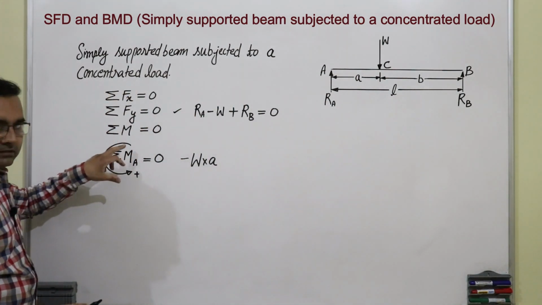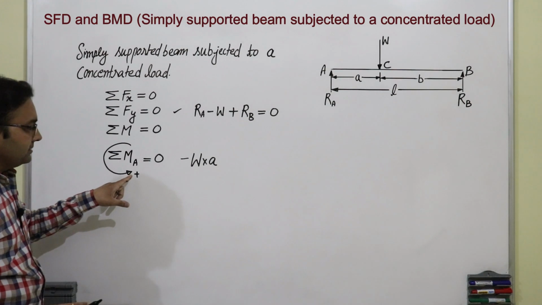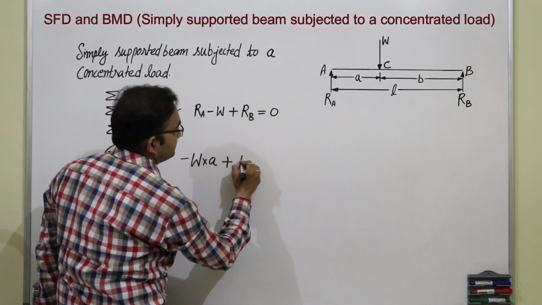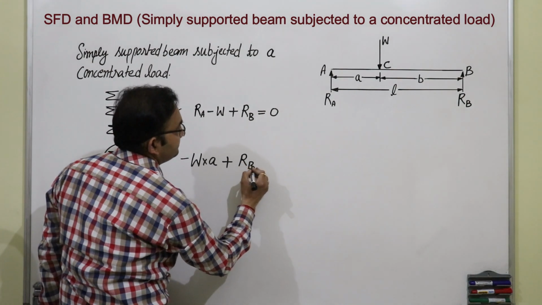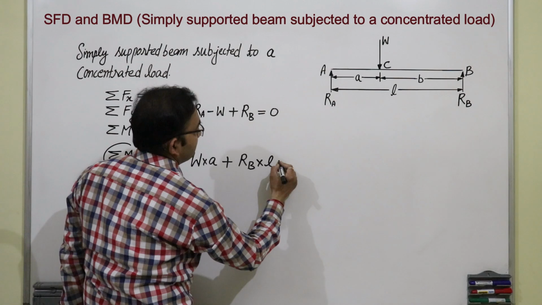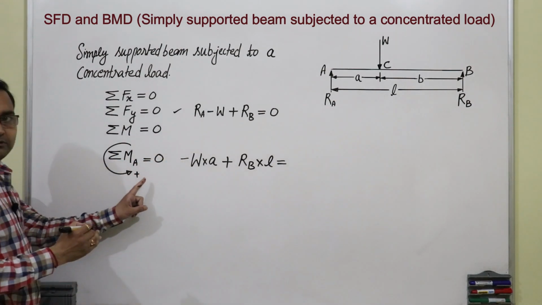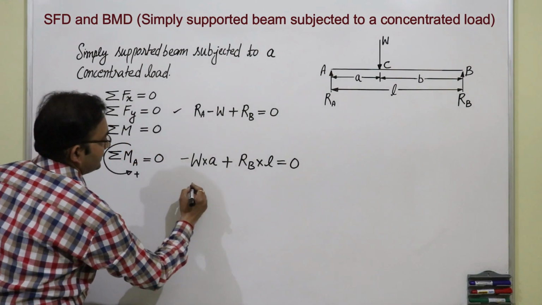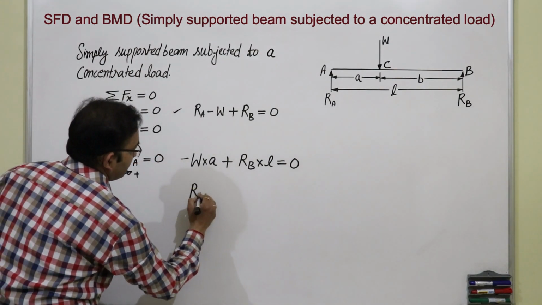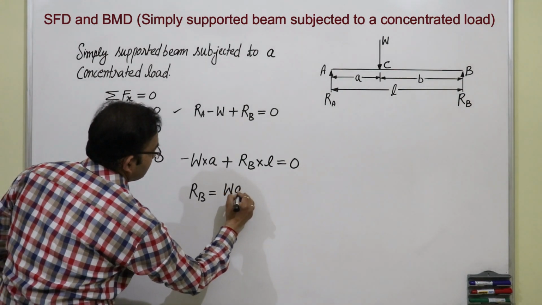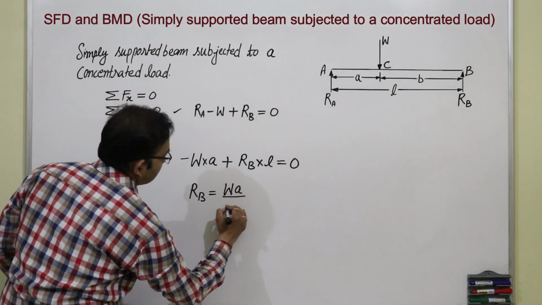So we have taken anti-clockwise direction, sign is positive, plus RB into L, and the summation should be equal to 0. So RB equal to W a upon L.